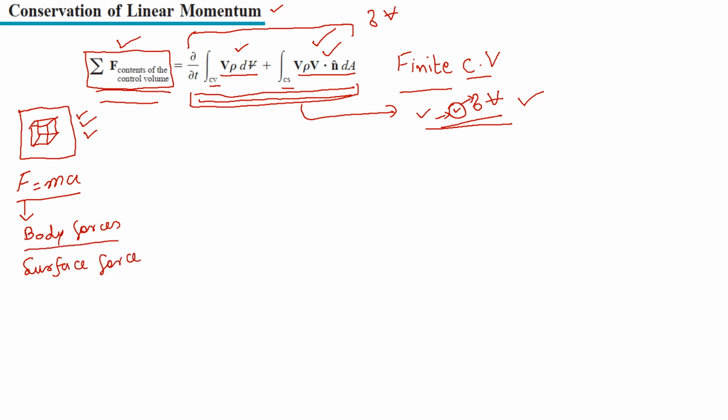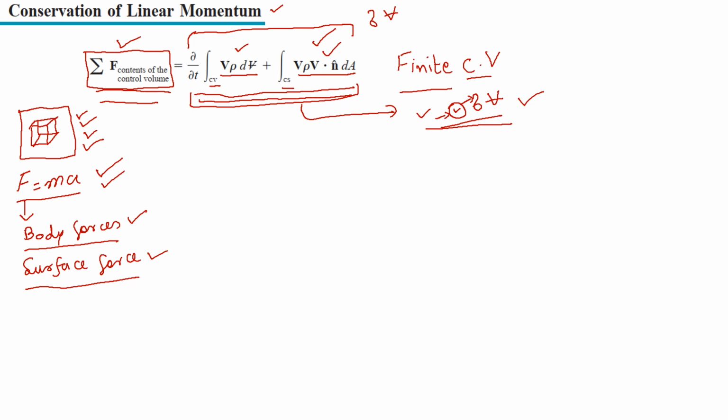In general, these two forces will be responsible for the change in momentum for a single fluid particle. We will write F is equal to ma when we take our body forces, and we will similarly use the same equation of motion when we take surface forces as the forces applied on the single fluid particle.